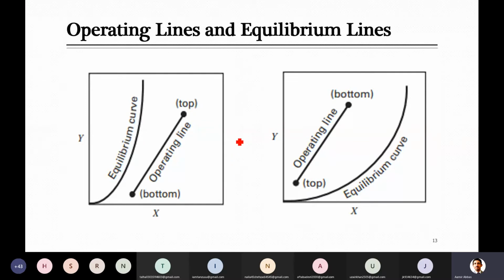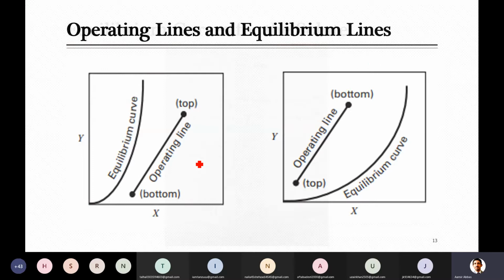In this diagram there are actually two diagrams shown. One is for the absorber and this is for the stripper. I will come back to these diagrams after a few minutes. Before that, let's look at how we can get various equations which can help us to draw the equilibrium line as well as the operating line.